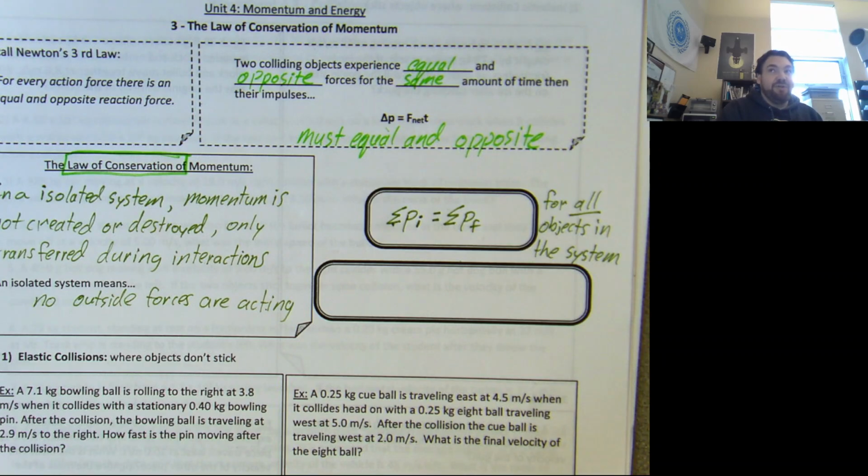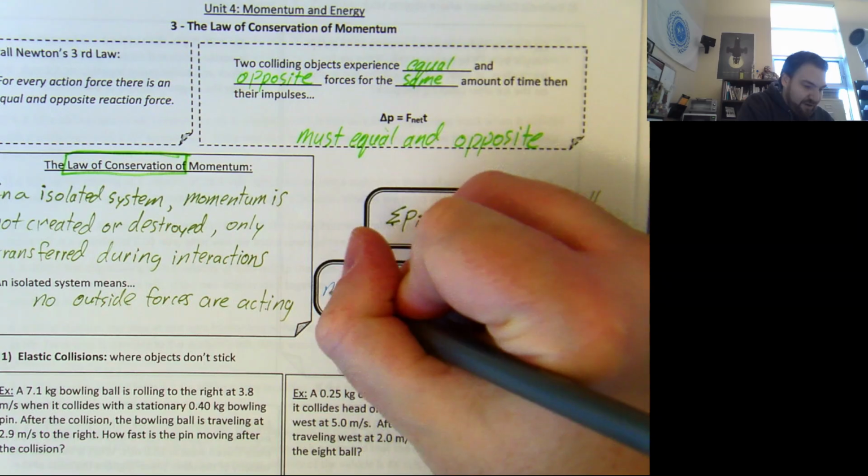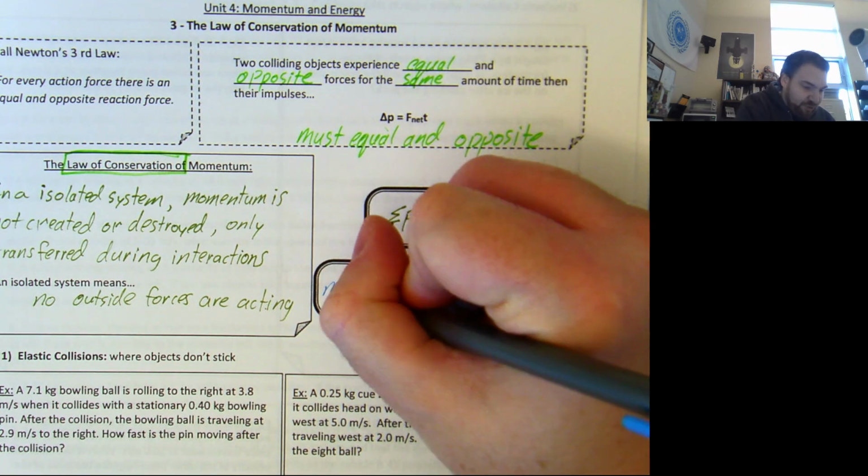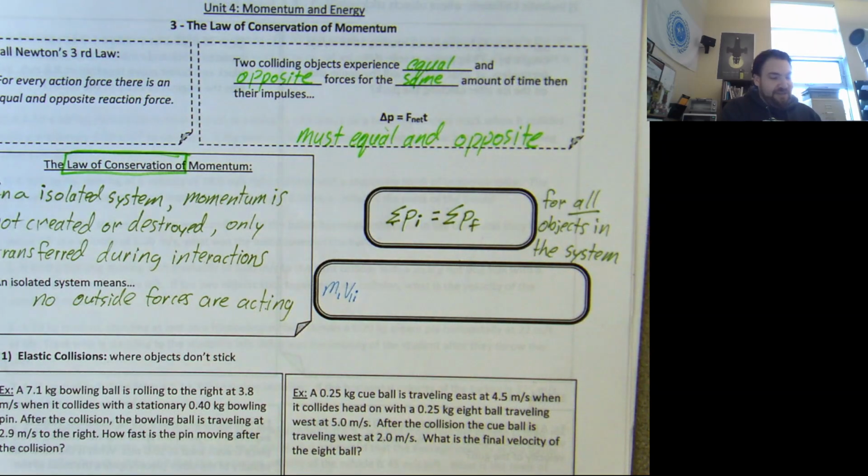Which is going to lead us to kind of a ridiculous expression, but I'll write it out like this. Your first object has a mass. It also has some sort of initial velocity. So I'm going to write this as m1v1i.